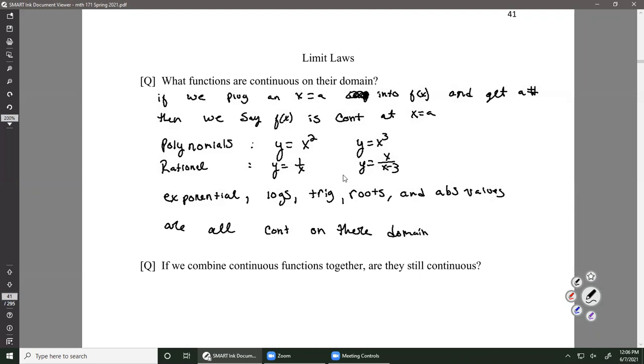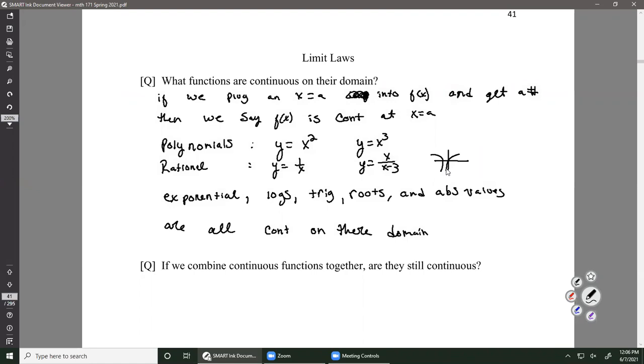And the fun ones to think about are the rational functions and the square roots. Rational functions, we know, typically have asymptotes. But where their asymptote occurs, we don't include that in their domain. So a rational function is continuous on its domain. That's the biggest part there.